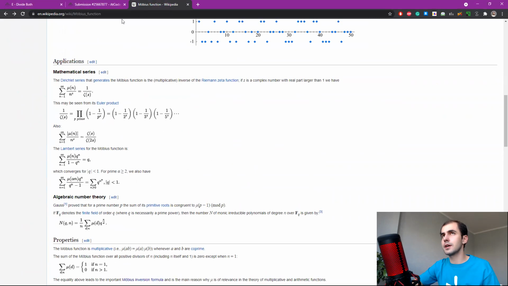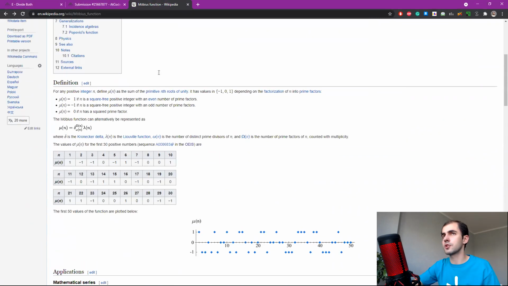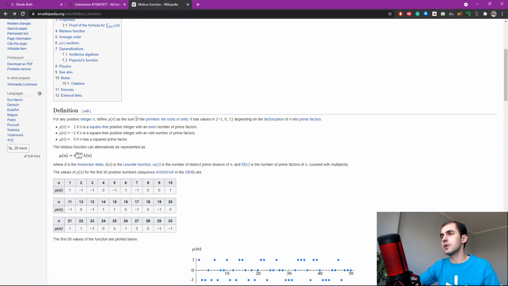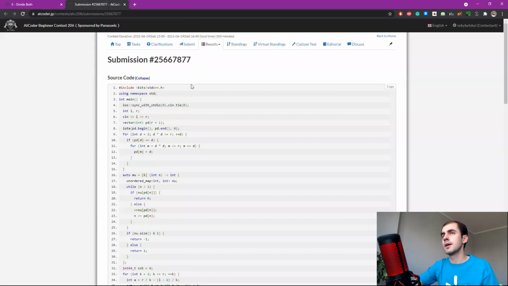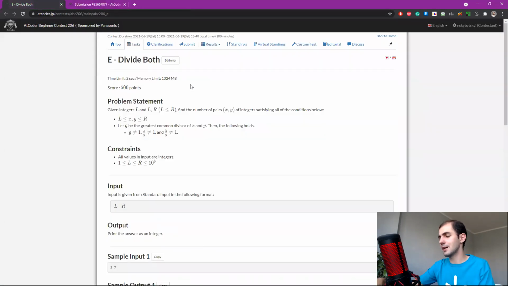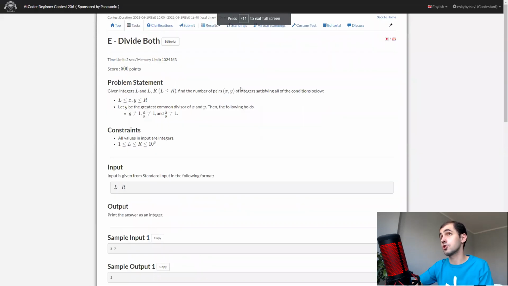And it also requires a sieve to get computed quickly, but the links to these Wikipedia articles will be down in the description as well, because we'll need them as background information on number theory to solve this problem, unfortunately.